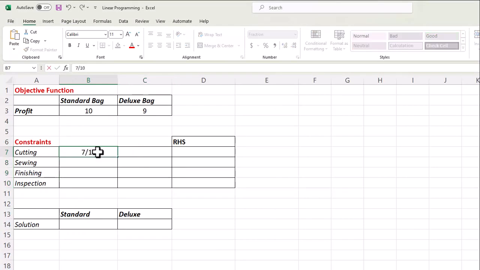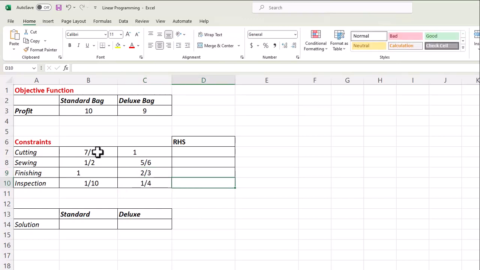So 7/10, 1/2, 1, 1/10. These were for standard bags, and for deluxe bags we have 1, 5/6, 2/3, and 1/4. And then we will write our right hand side values, which were 630, 600, 708, and 135.